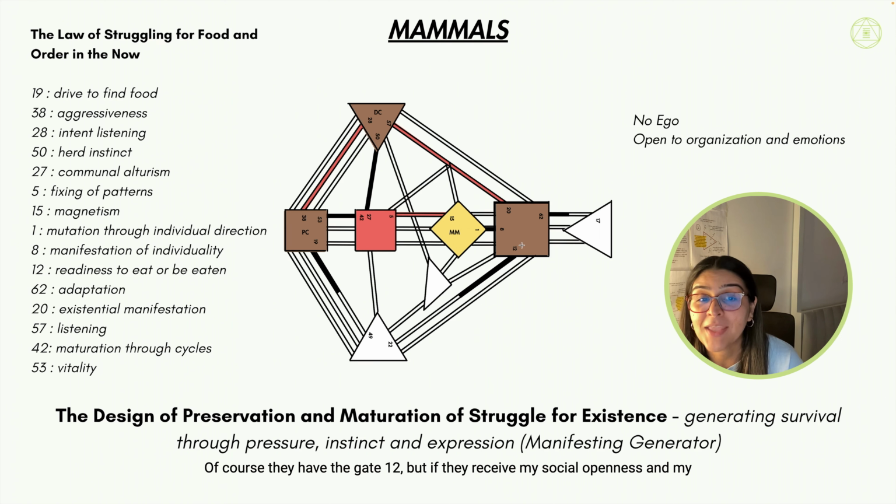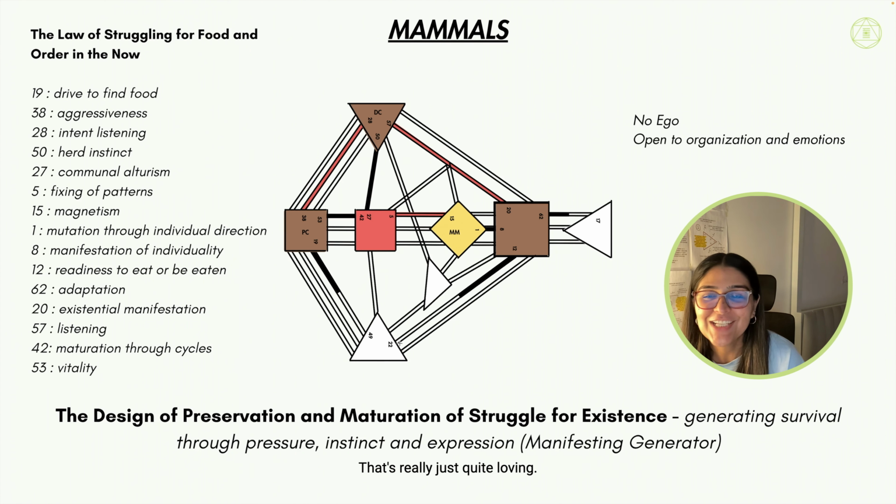Of course, they have the gate 12, but if they receive my social openness and my grace, then it's very, very easy for me to develop this individual personal bond that's really just quite loving. Like, I don't have the 49, so even when I had pets, it wasn't always me that was feeding the animal, but I was definitely the one that was loving on them and having individual quality loving time with them.